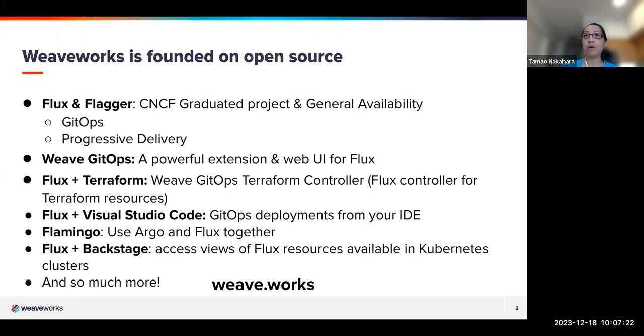So Flux is the core of GitOps. And the sub-project Flagger, if you don't know, was created by Stefan Prodan, one of the main maintainers of Flux, who saw the opportunity for progressive delivery. So Flagger sits in between Flux and Kubernetes.